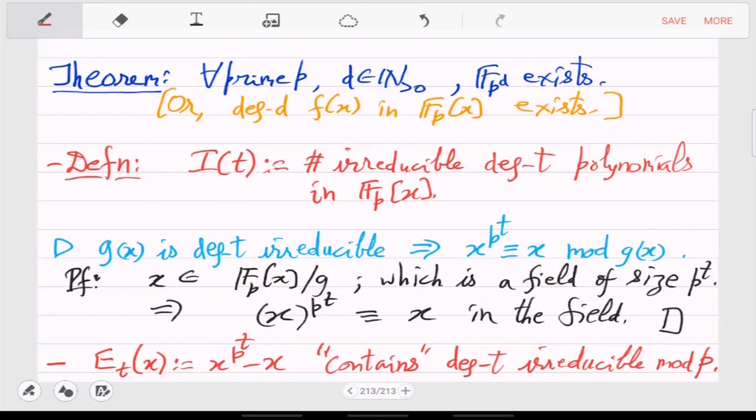Okay, I mean obviously it is possible that x to the p to the t minus x doesn't have any degree t factor, which means that there is no G(x). But if there is a G(x), then it will divide it. Right, so it's a good polynomial to have, and we will prove some powerful properties tomorrow.